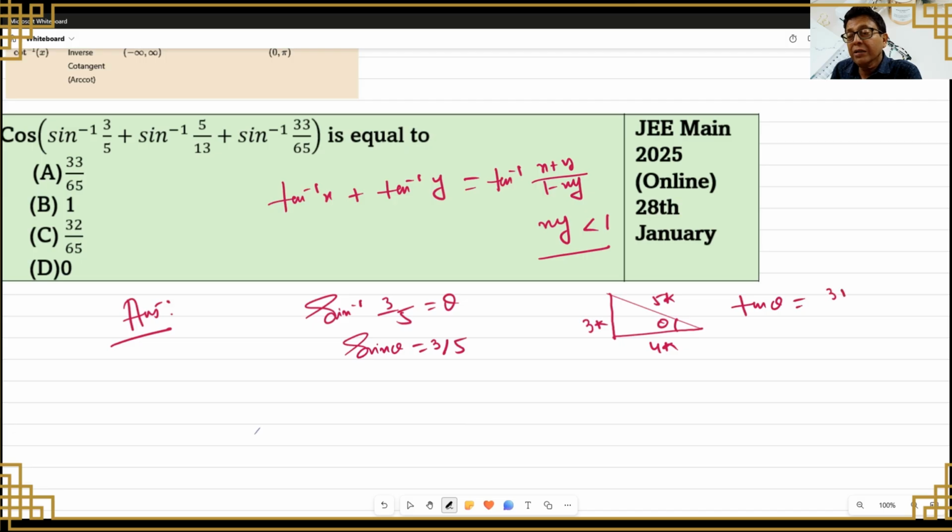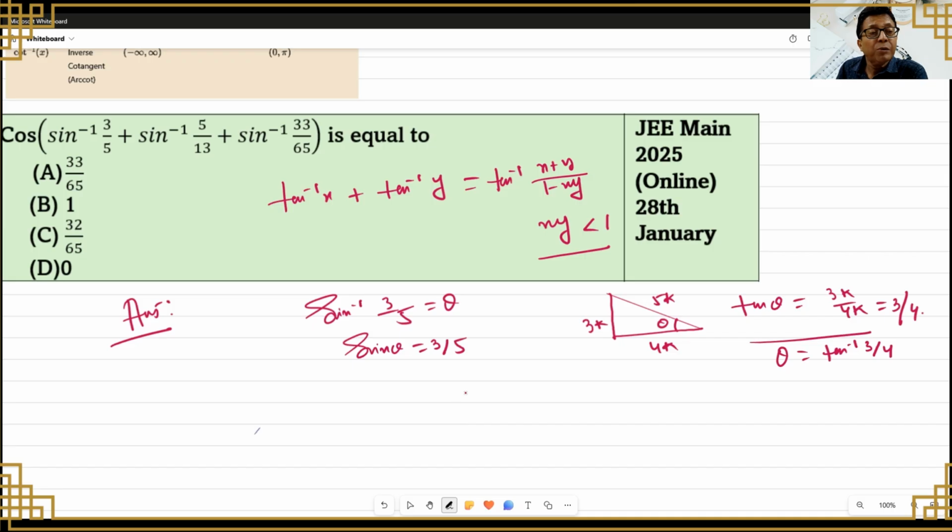Tan theta will be what? 3k by 4k, this is 3 by 4. So theta is, this conversion I showed you in past sessions. Today I have just taken one.